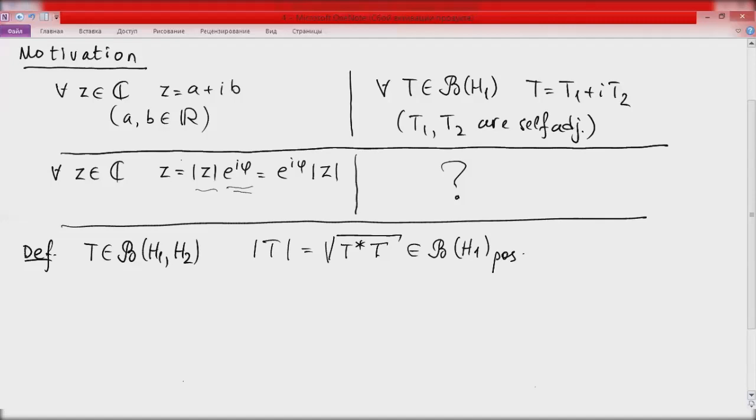And here's a useful exercise, which, as far as I remember, was in one of the previous exercise sheets.